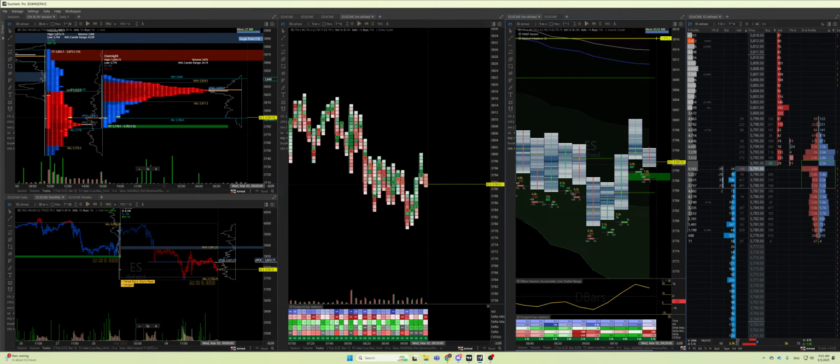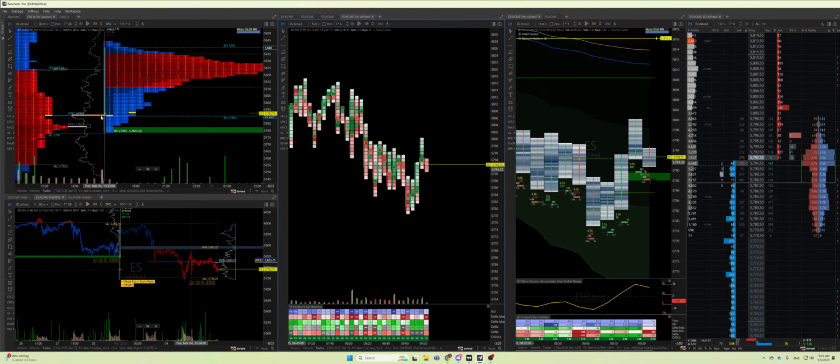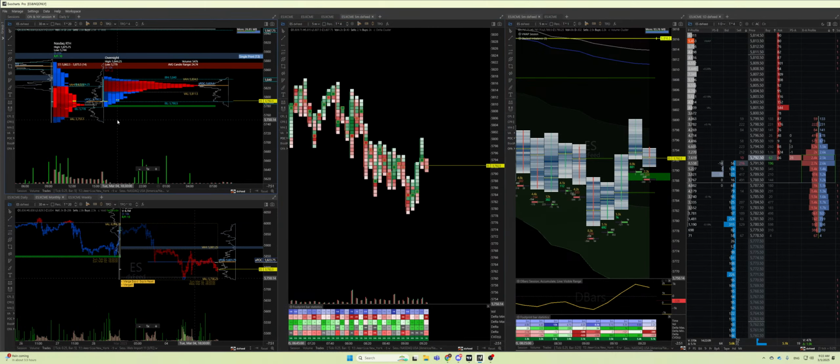Just a heads up. We're close to previous day POC, which is at the value area low of the overnight. So that was the IB as well. Actually an IB, and we're outside of value area.